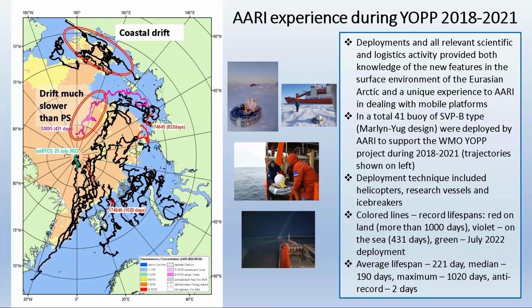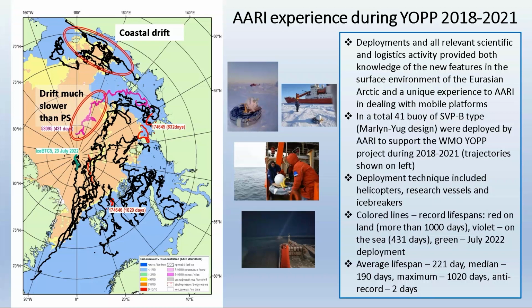For the buoy in the high sea, it was 431 days, and this trajectory is marked in violet. On average, the lifespan was 221 days, the median was 190 days, and the anti-record was just 2 days.